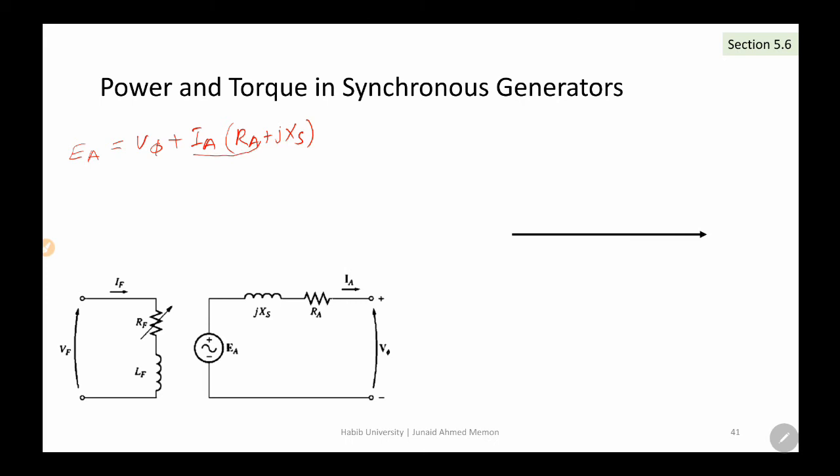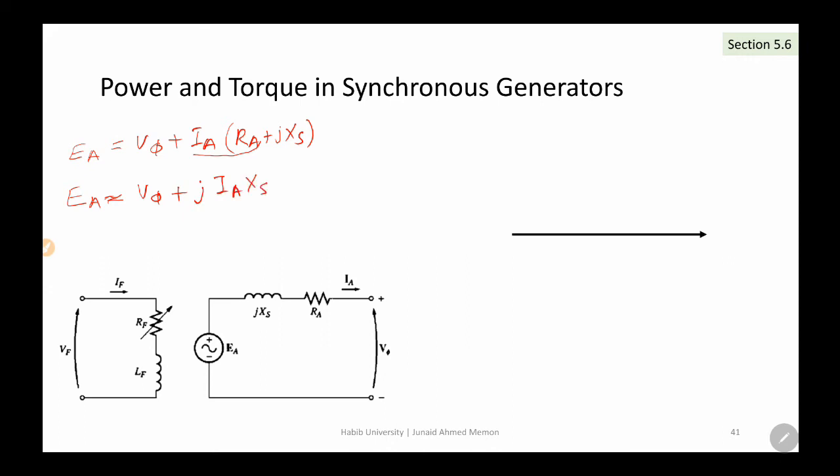That is usually true because the resistance of the armature winding is very small compared to the synchronous reactance. So we can safely ignore this part, and we can say that EA will be approximately equal to V phase plus j times IA XS.